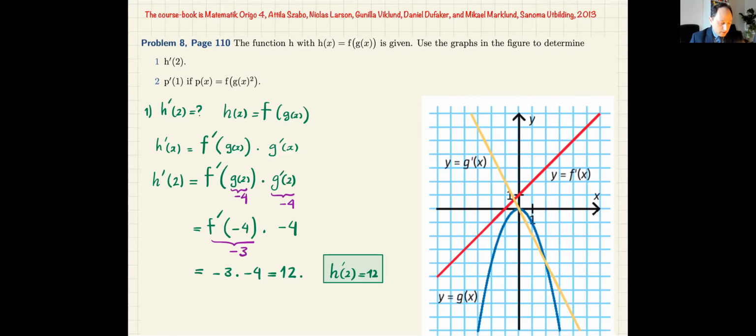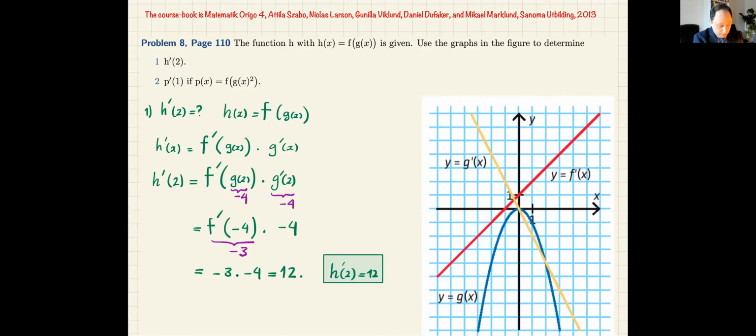Is there any question? By the way, let me check the final answer here, if I haven't made any mistakes. So this is chapter 3. I don't know where it is.